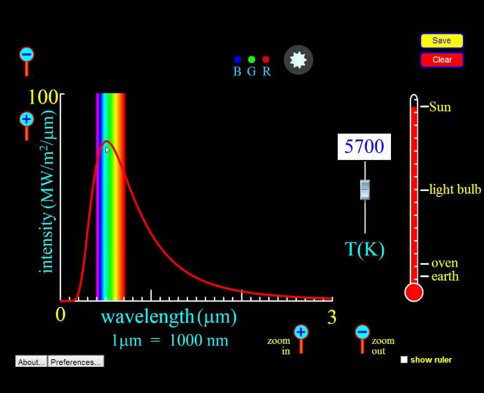This red curve on the simulator is a curve of emission intensity as a function of wavelength. It's quite a broad curve. This curve, however, has a maximum to it, which tells us the wavelength of maximum emission. Specifically here for the Sun, the wavelength of maximum emission falls in the visible range, just shorter than 500 nanometers.